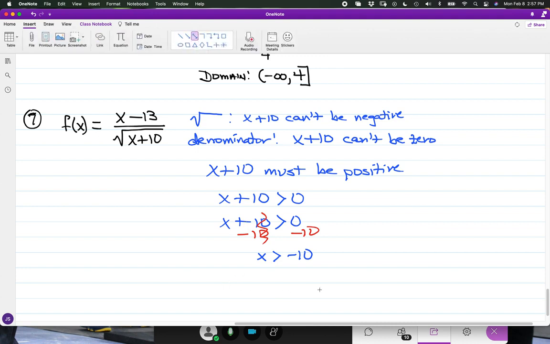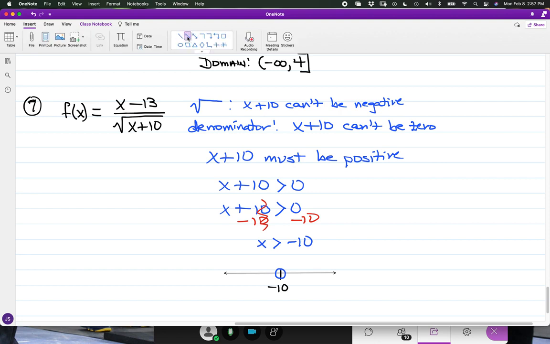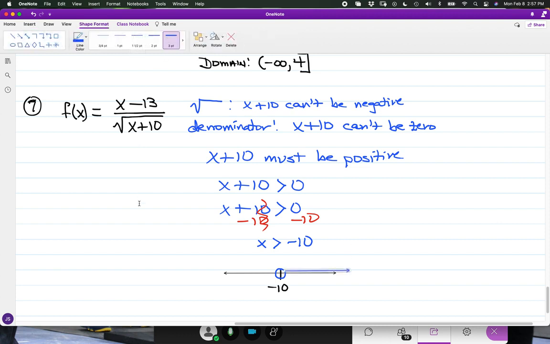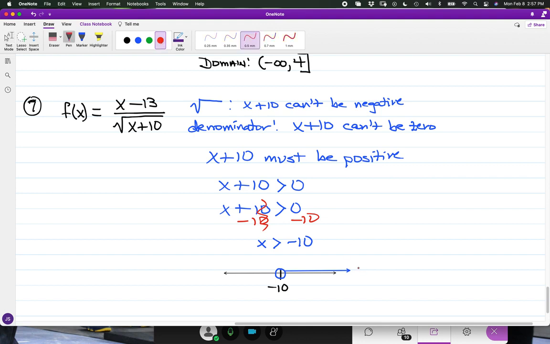And it's kind of going back to a quick sketch. You have the value of immediate concern, negative 10, and x is greater than negative 10. So negative 10 is not included, so you have an open circle. And you have a ray that's going to go out to the right and cross over into the positive threshold, approaching infinity.